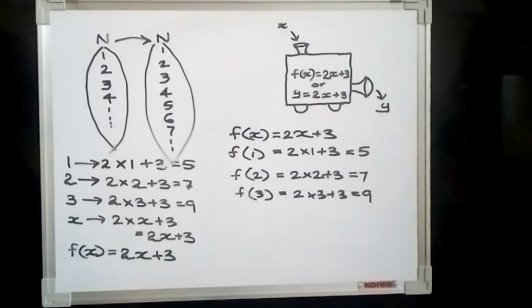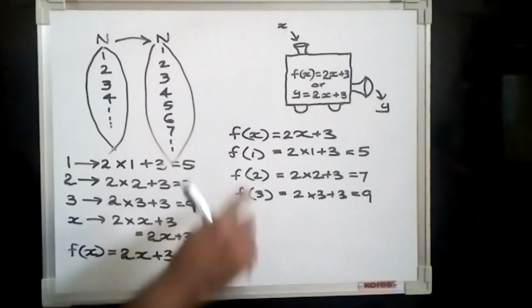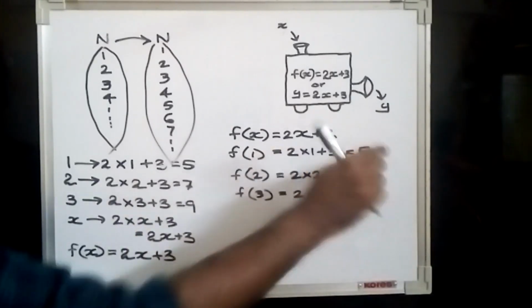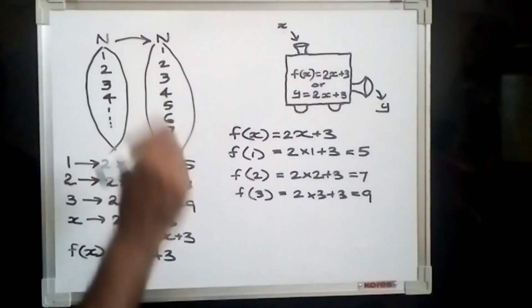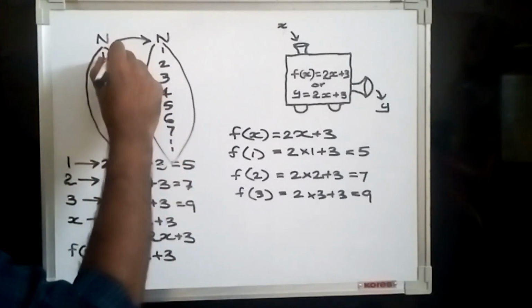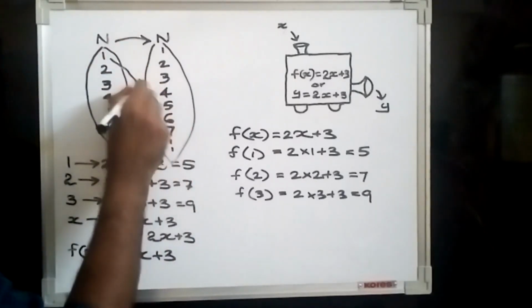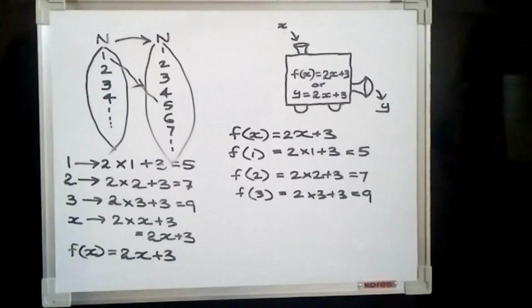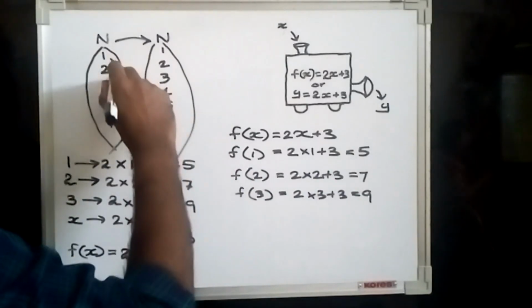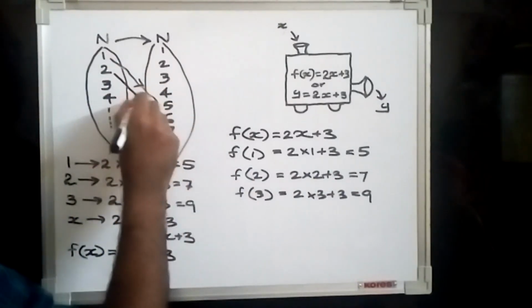Here 1 is related to 5. When 1 is the input, 5 is the output. Therefore, 1 is related to 5. And 2 is related to 7. When 2 is the input, 7 is the output.